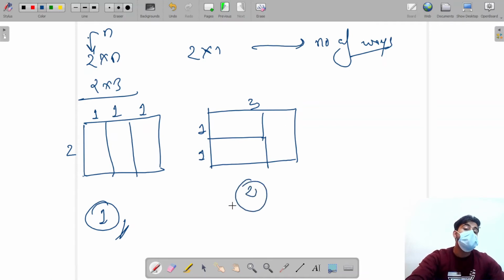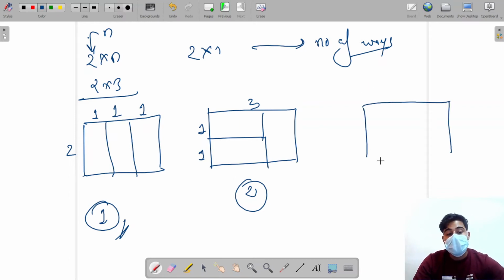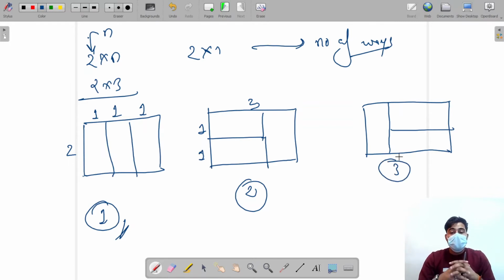And this is nothing but a second way of designing my wall. Similarly, the third way of designing my wall will be nothing but placing this vertical tile at the beginning and then placing the horizontal tiles. Okay, and this will be nothing but the third way. So here you can see that we can design my wall with the 2 cross 1 tiles in 3 ways.